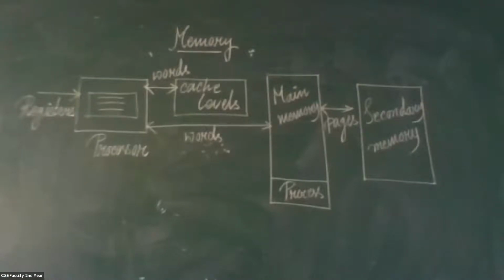So whatever question you have, please write it down in the chat box. Main memory, yes. The secondary memory is connected with the main memory, which is volatile. Main memory is RAM, yes, it is volatile.